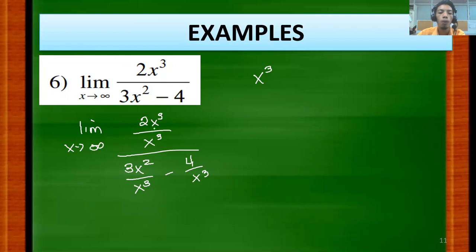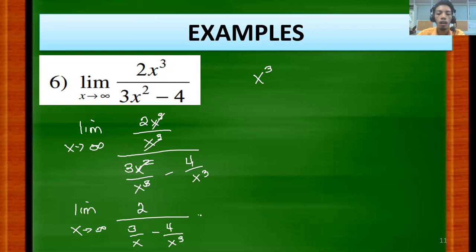So now, simplifying this one, we will have the limit of 2 over, etong na-cancel si x squared, natira si x sa baba. So you have 3 over x and then minus 4 over x cubed as x approaches infinity.